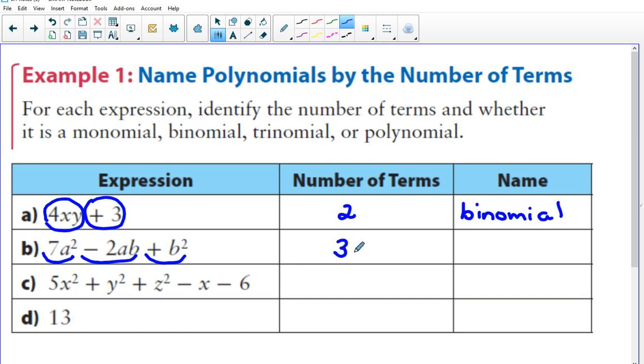So 3 terms. 3 terms is a trinomial. Okay, C, 5x squared plus y squared plus z squared minus x minus 6. 5 terms. We don't have a special name for a 5-term polynomial, so we'll just call it a polynomial.